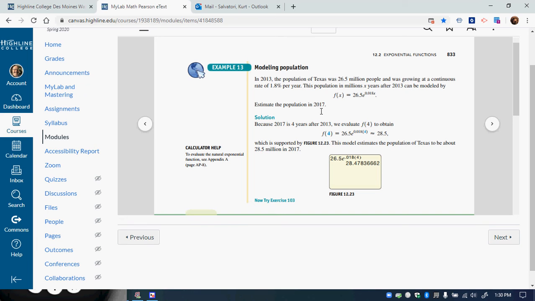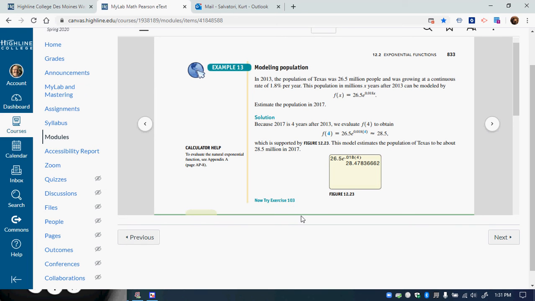So in 2017, if we're going to estimate from 2013 to 2017, that's why we get 4. You do the multiplication and take it to the e power, and then multiply last to get the 28.5. So let's do problem 105.